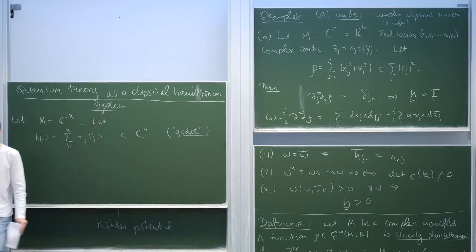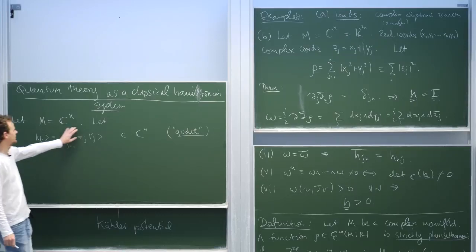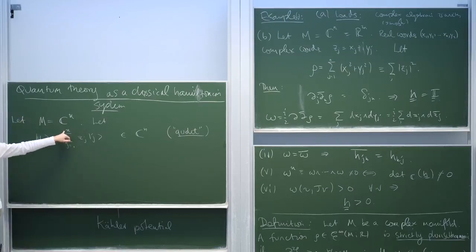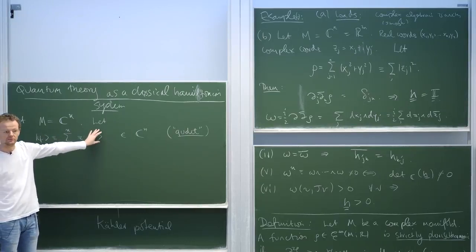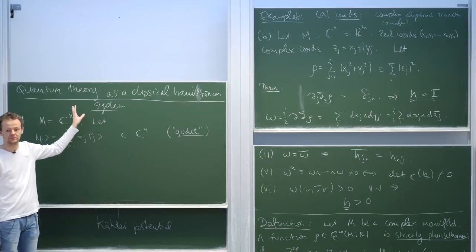Now this is the configuration space for an n-level quantum system. So a qubit is when n is 2, a qutrit is when n is 3, and so on for general n. So this is like a spin n over 2 particle, just one spin particle.